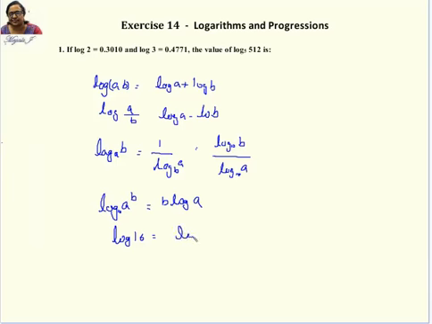It is log 2 power 4, ma'am. Yeah, you can write 4 to the power 2 also, but we can just simplify this and write 4 log 2. That is also correct. You can write log 4 raised to 2, and then you can say 2 log 4. But again, 4 can be simplified, right? 2 square. So bring that one here. So it's going to be 4 log 2.